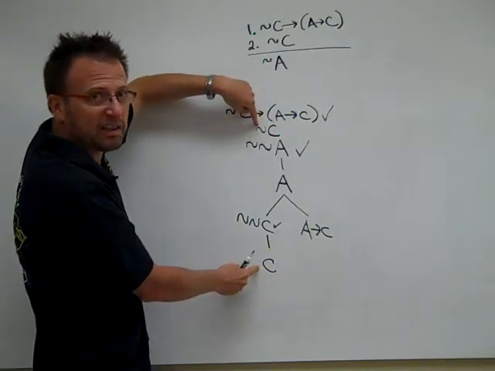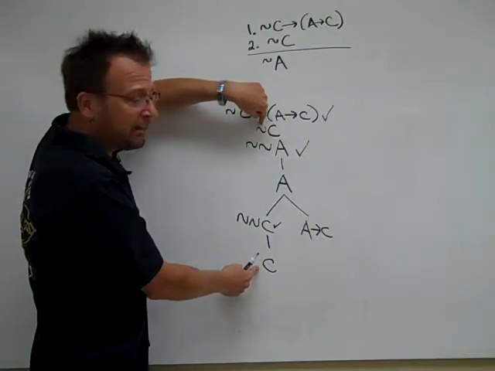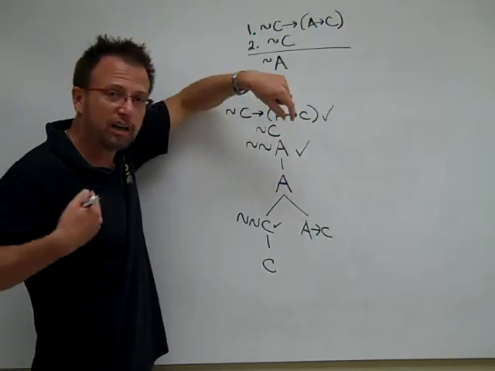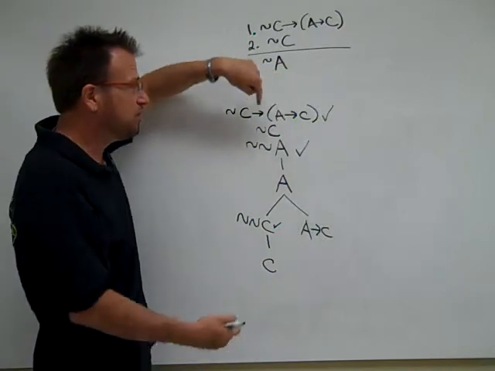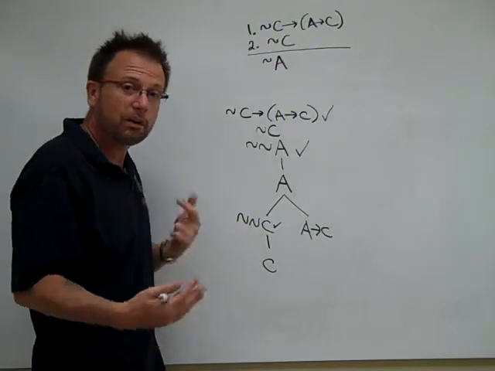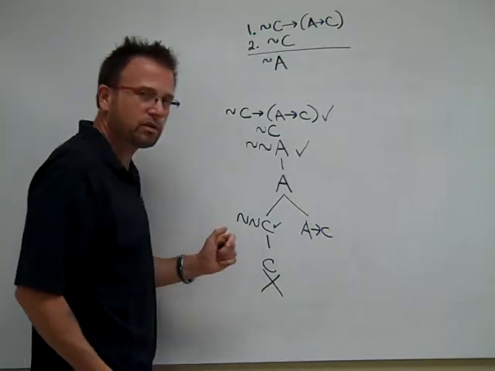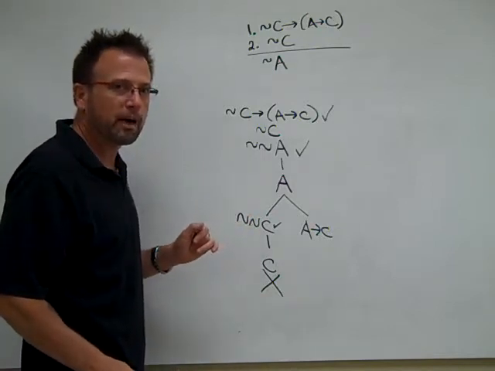So I have both C and not C asserted at the same time. That would be like the statements Johnny is wearing a black shirt and Johnny is not wearing a black shirt being true at the same time, but they're contradictory statements. As such, this branch closes.